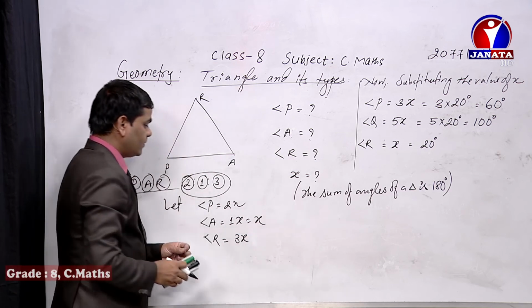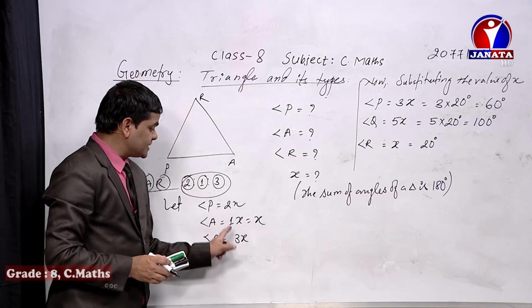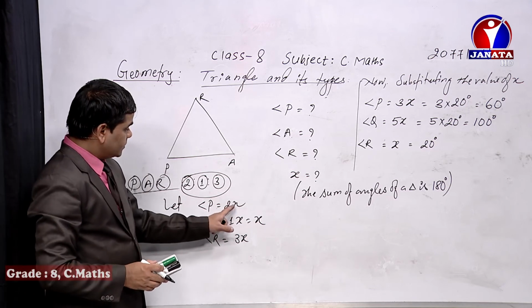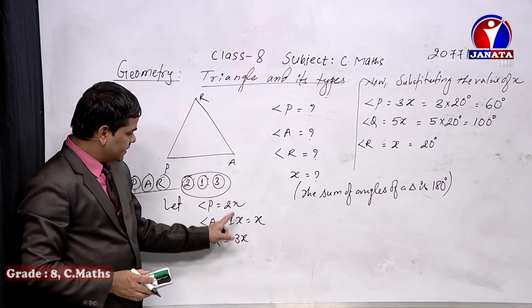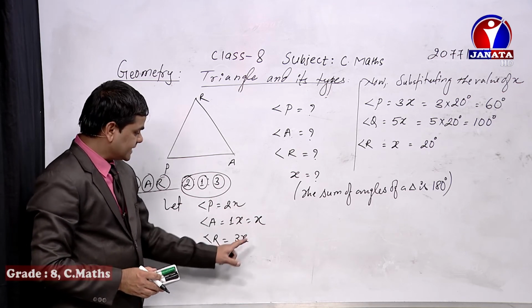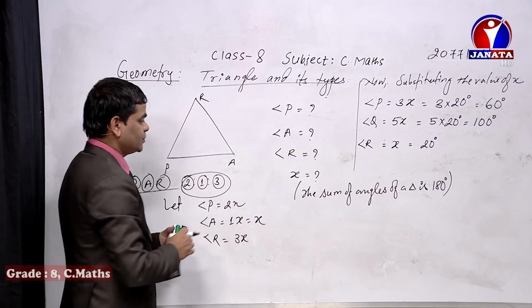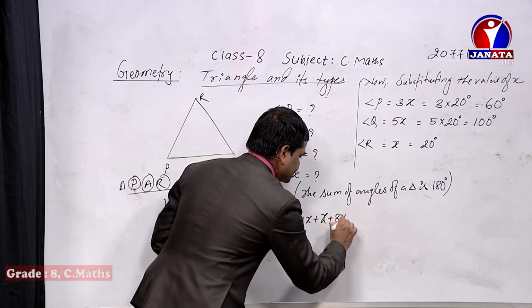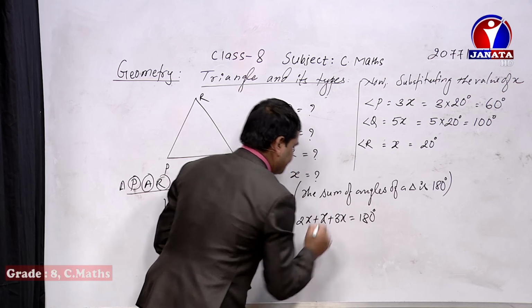Now, after converting the ratio into variables by using x, add those three. 2x plus 1x is 3x, 3x plus 3x is 6x. So altogether, 2x plus x plus 3x equals 180 degrees, isn't it?